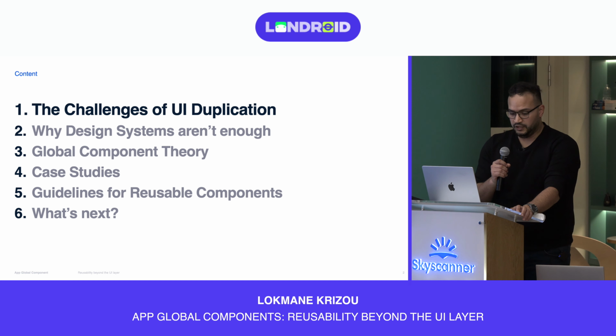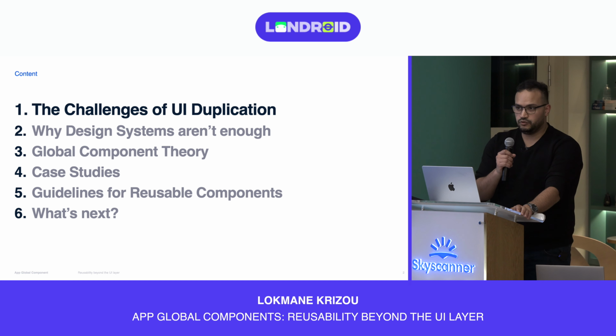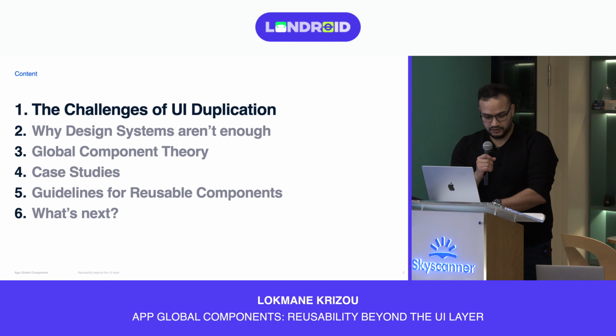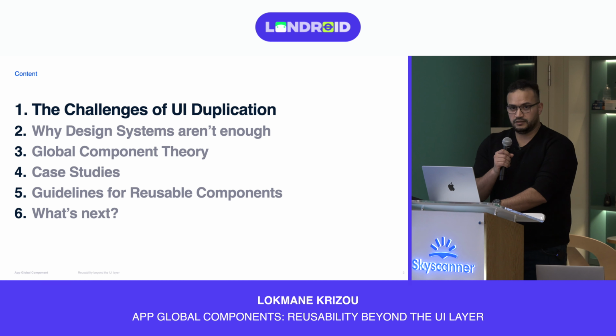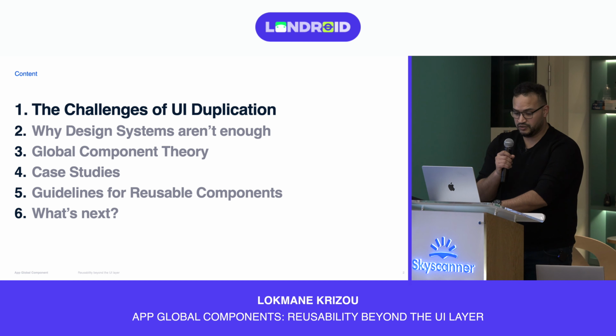And after that, we will set up some guidelines and rules to make sure that you can use your components across all the screens and across the whole app. And last but not least, we will discuss what can be done next. Basically this section will be open floor for you if you have any other ideas or any suggestions for the future that we can do.